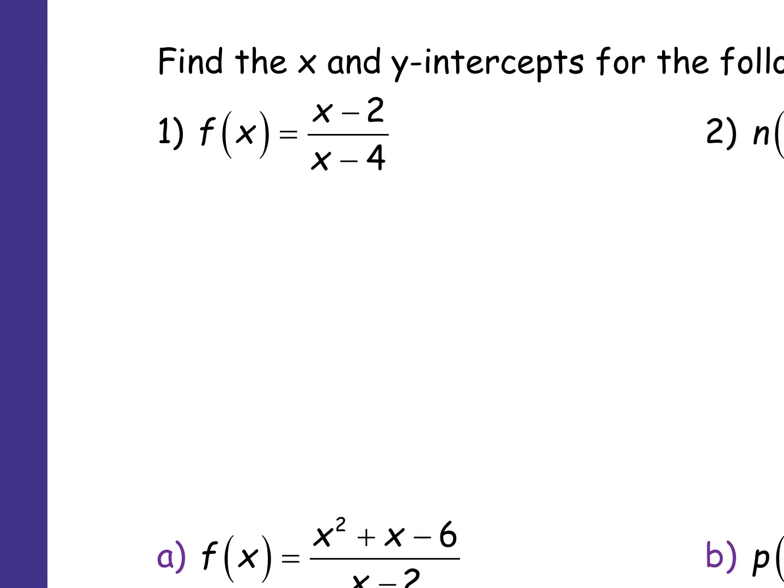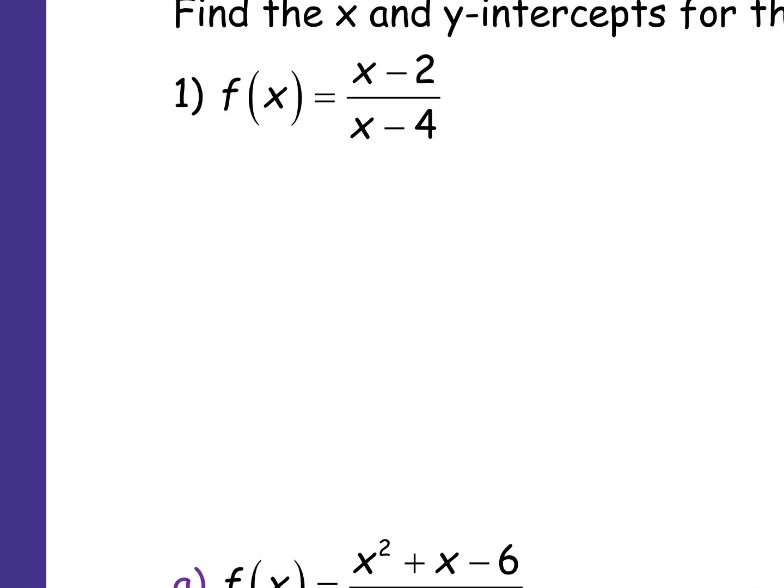Let's see, which one do we want to find first? Let me make this big enough. To find the y-intercept, I'm going to set x equal to 0. That means anywhere in my equation, wherever there's an x, I'm going to put a 0.